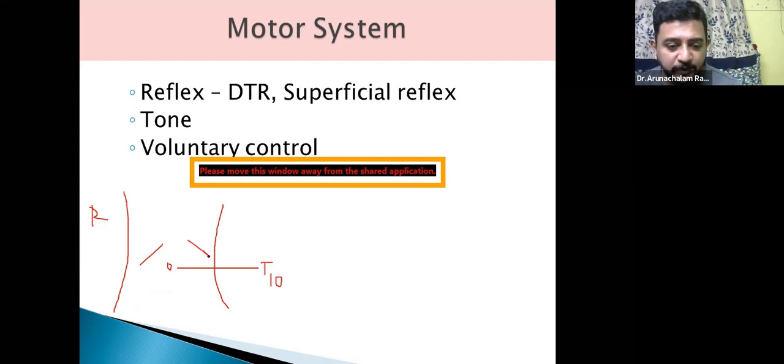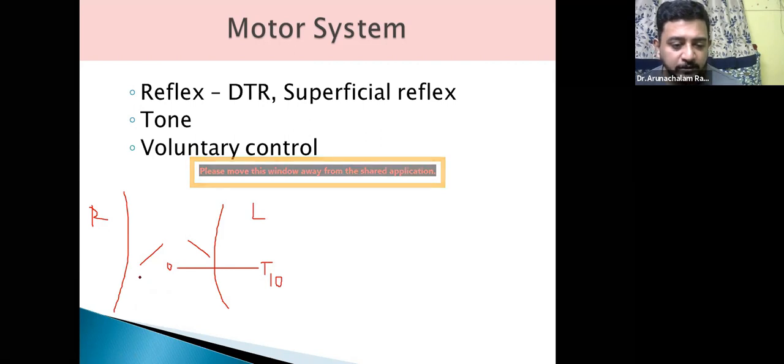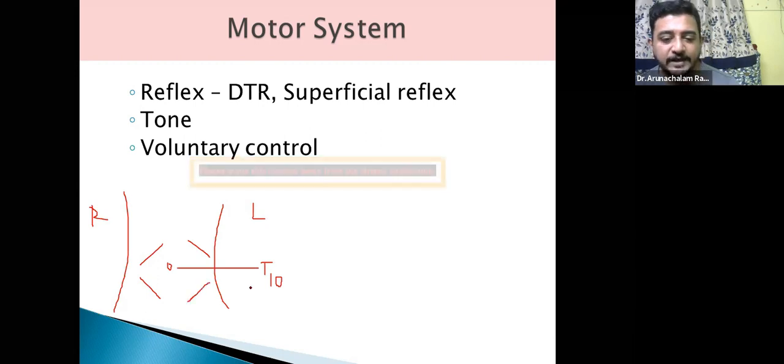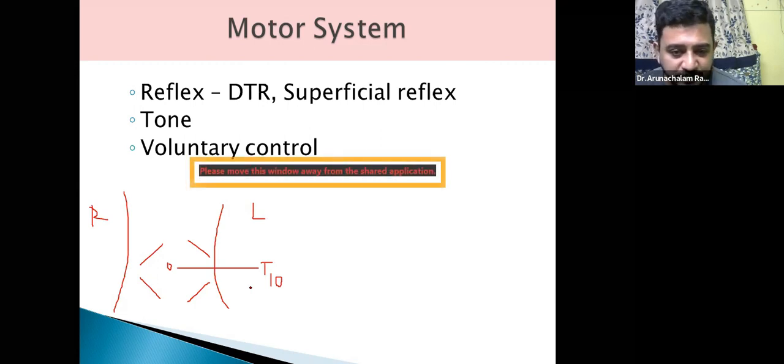When I scratch this way, I am testing the left side at T9 and T8. When I do the one on the lower quadrant, I am testing T11 and T12. And here on the left side, T11 and T12. So if the reflexes are absent, then you can make sure that it is an upper motor neuron lesion.